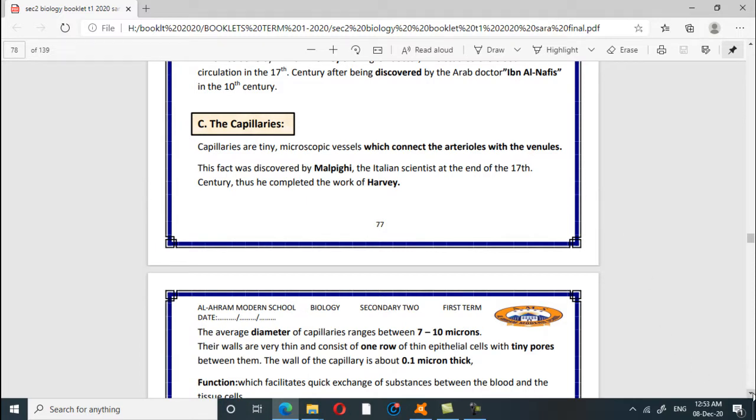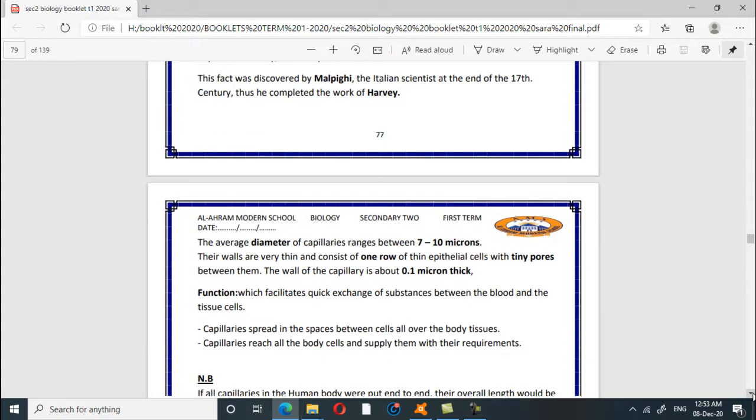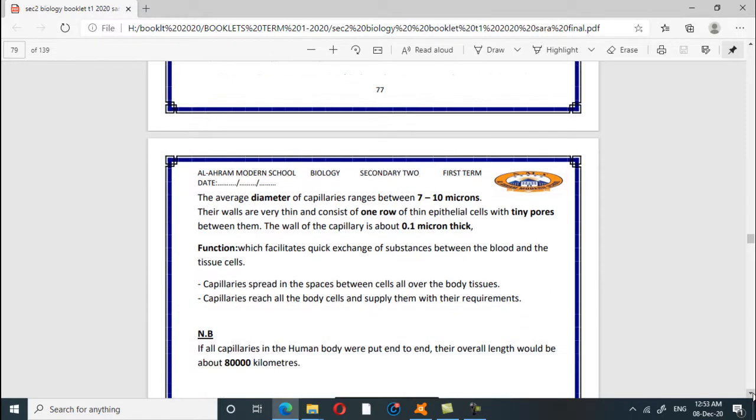The diameter of the blood capillaries ranges between 7 and 10 microns. It is very thin to allow the exchange of substances like food, gases, and wastes, so it facilitates the quick exchange between substances in the blood and the tissue cells.